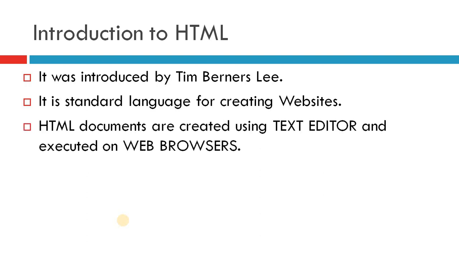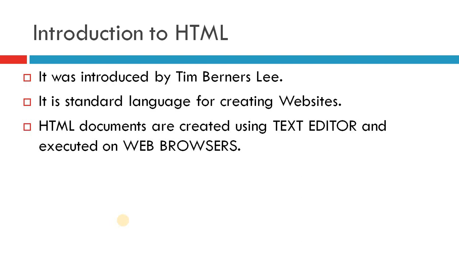HTML documents are created using text editor and executed on a web browser. For creating the HTML documents, we need any text editor. And when these documents are saved, they are executed on web browsers to see the result. Since most of us are using Windows operating system, we will use the most common text editor, which is Notepad.